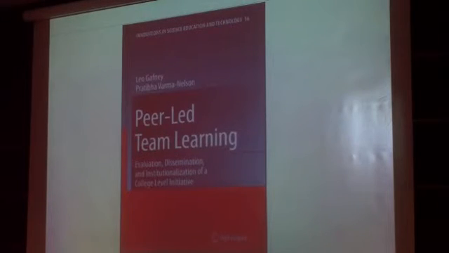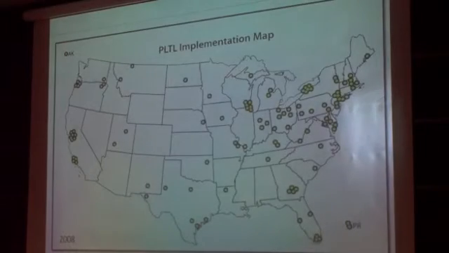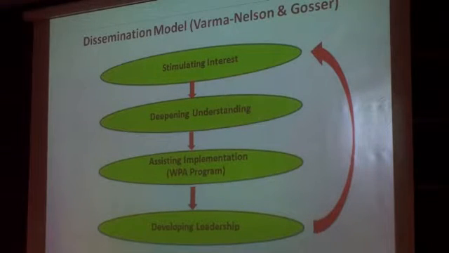Let me go back here. What we wanted to do, and this is really important for the teaching centers, is take an innovation and spread it to other people, get other faculty to adopt it. This was the model we proposed to the National Science Foundation. What we found was very often faculty would come and listen to a 15-minute or half-hour talk, and then they would go away.